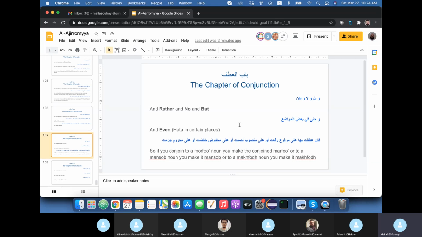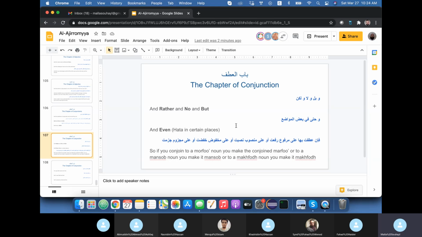For example, the example that the author gives is جاء محمد بل بكر. You say Muhammad came, rather Bakr.